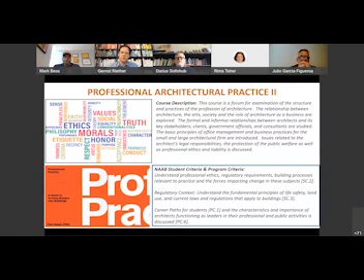We talk about how businesses are started and run in terms of practice. We look at the differences and commonalities between different size and types of firms. We look at the legalities of the requirements for architectural practice, amongst many, many other things.